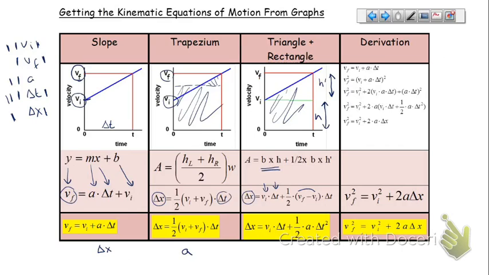So what I do is I say, back here, I learned that VF minus VI was equal to A delta T. So if I substitute A delta T for that VF minus VI, I end up with delta X is equal to VI delta T plus 1/2 A delta T squared.